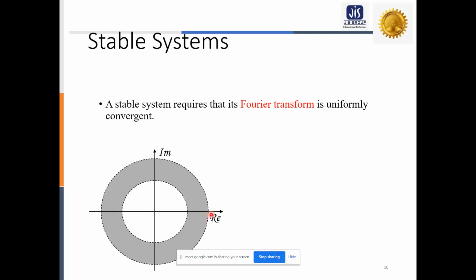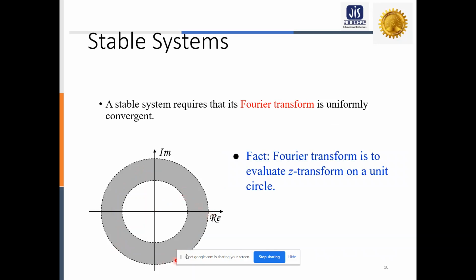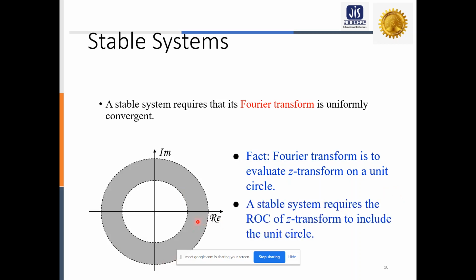So a stable system requires that the Fourier transform is uniformly convergent. And for any stable system, the ROC of the Z transform includes the unit circle, which has a radius of 1.